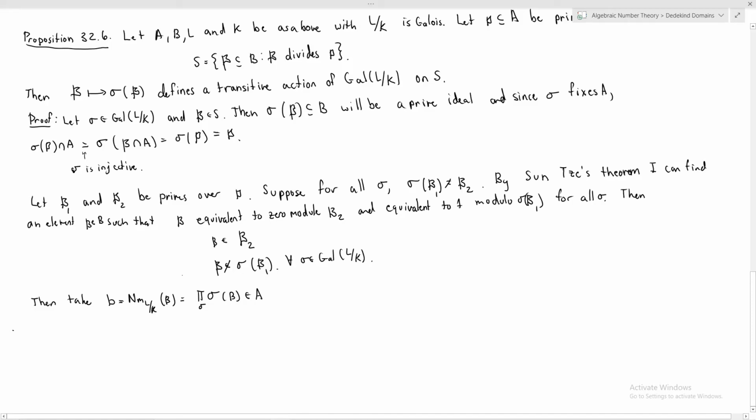So this is going to lie in A because it's the norm of an element in B, but also it's going to lie in the prime ideal B2 because, well, beta lies in B2 and this thing's an ideal. And since B2 lies over little p, this is going to be in p.